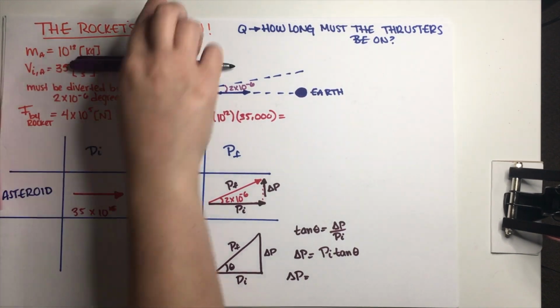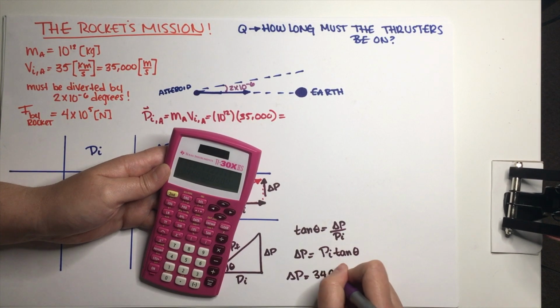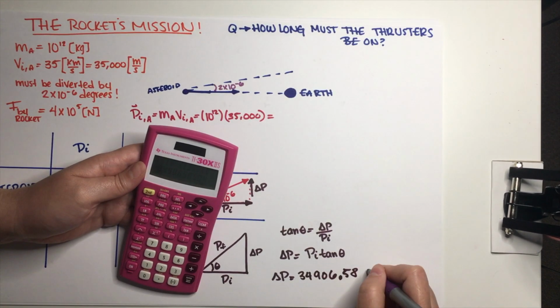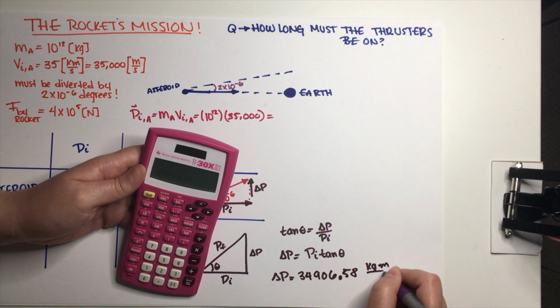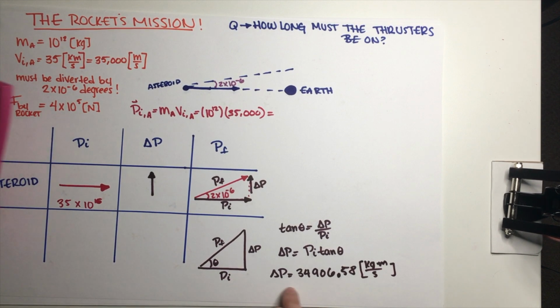And that is going to give us just this big number that I'm going to copy. So it's 34906.58, and then the units is of course kilograms meters per second, but that is not as important right now.